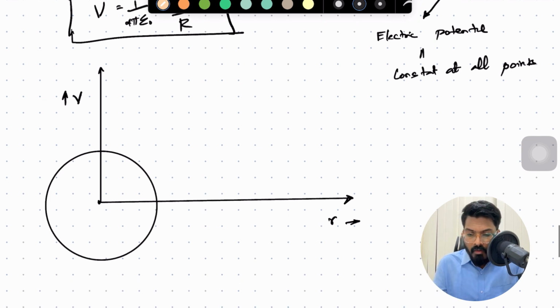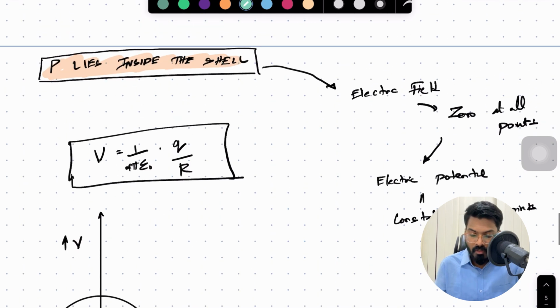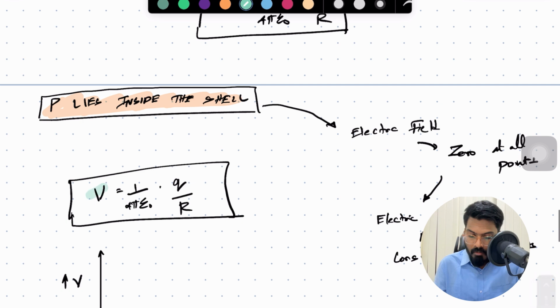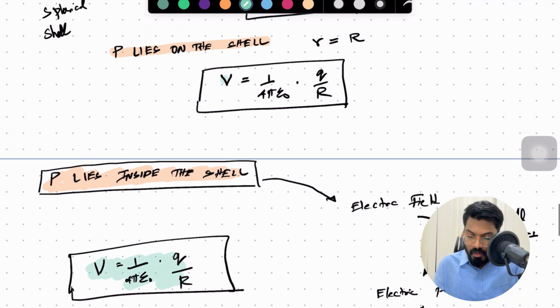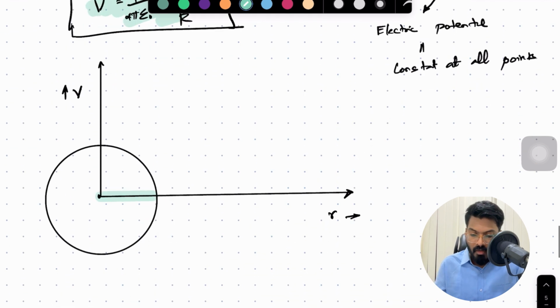When we are inside and till it reaches outside, this is what we got for all the points inside, and for the points on the shell, this is what we got. That means if the point is anywhere inside the shell up to even the surface of the shell, it is a constant electric potential.